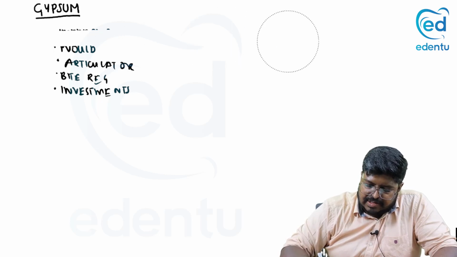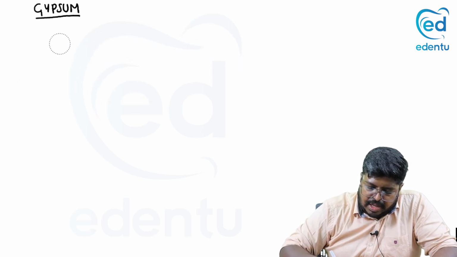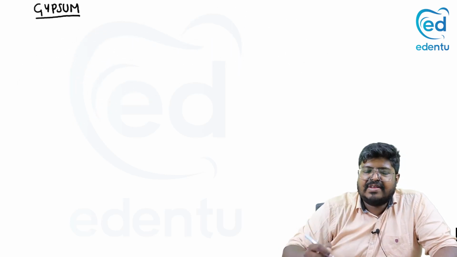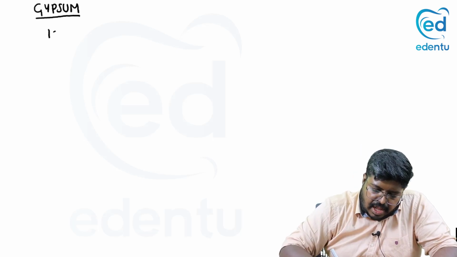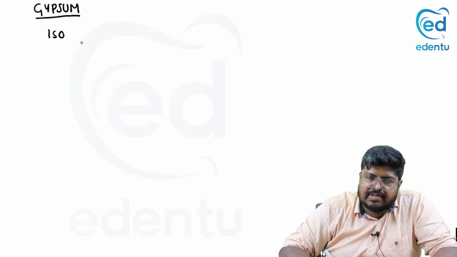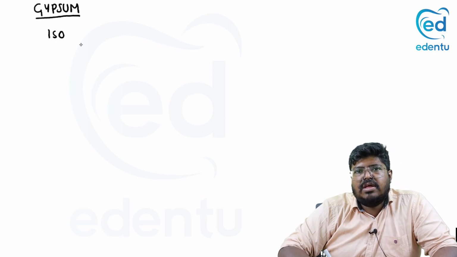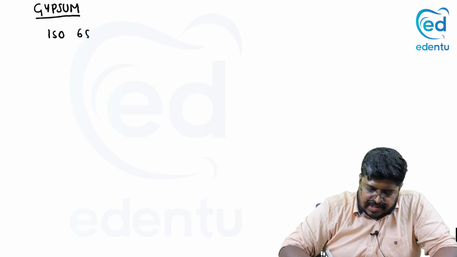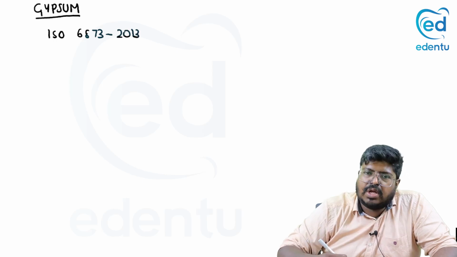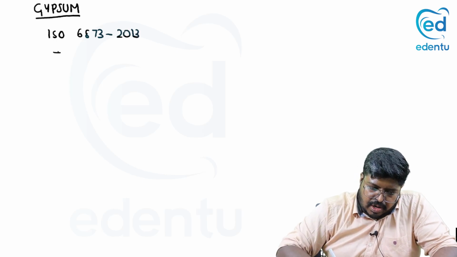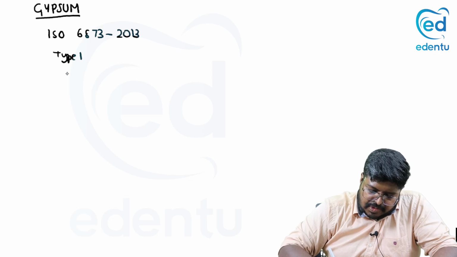Now, the classification of gypsum products. As usual, however I've been taking this class, I have always started with the ISO system of classification, and for gypsum, it is 6873, given in the year 2013. According to this, you have five types of dental gypsum products.